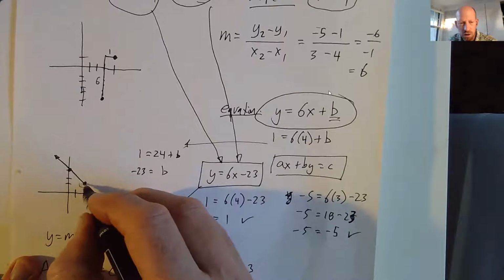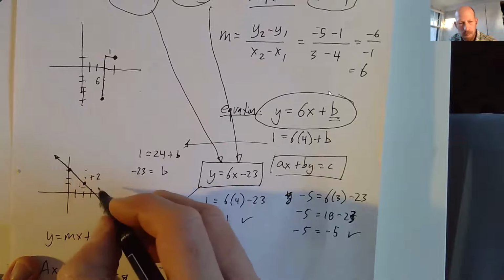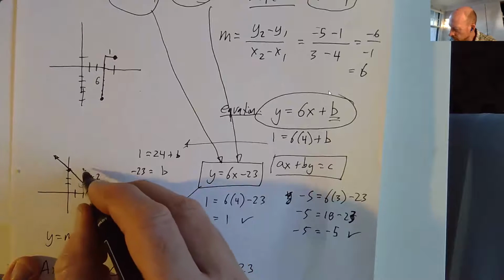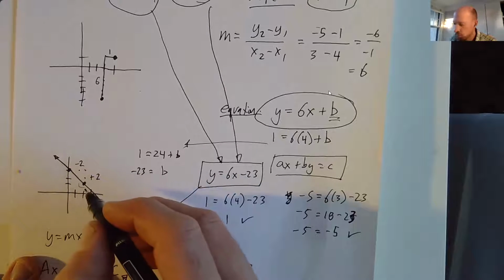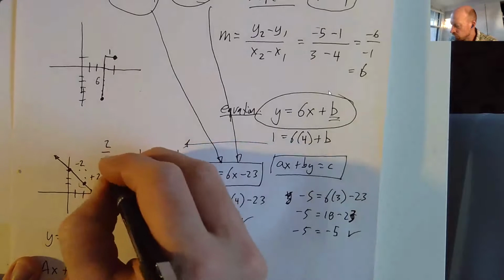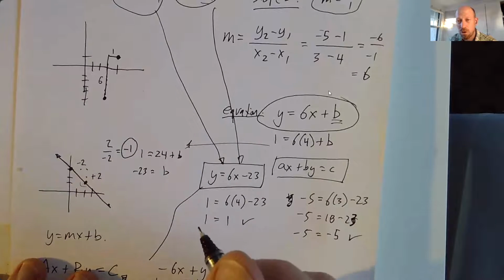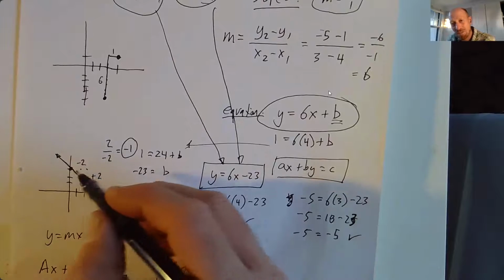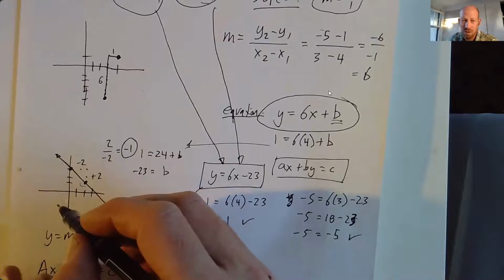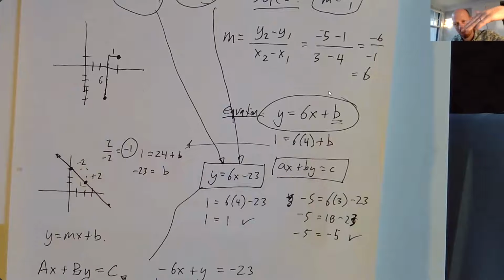If I start here, then my rise is 2, but my run is -2 because that's over to the left. So that would be 2 over -2. A positive over a negative is -1. So for a negative slope like this, either the rise or the run is negative, which makes your slope negative. Negative slopes always go down from left to right. Positive slopes go up from left to right.